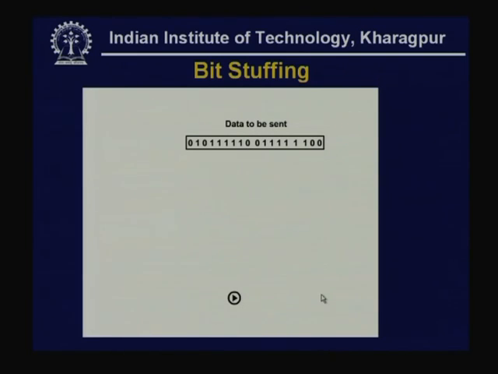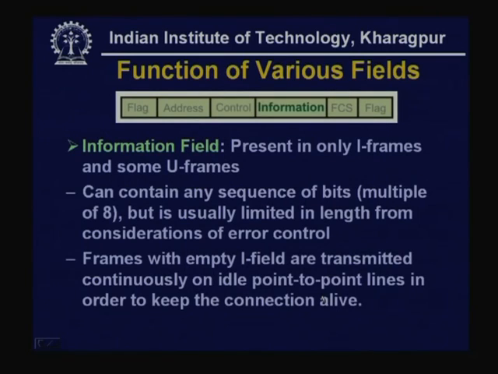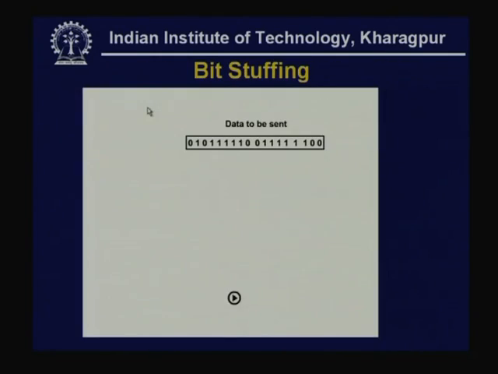Now, as I mentioned, your information part may contain that flag, that is 0, 1, 1, 1, 1, 1, 1 and 0, and this should not appear in the information field. That means, the information field should not contain a flag character. So, to do that, what is known as bit stuffing is used.